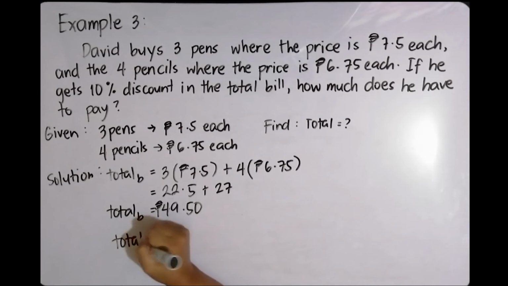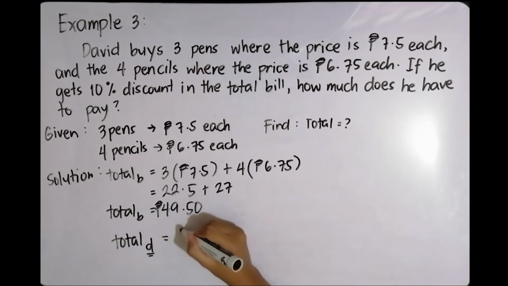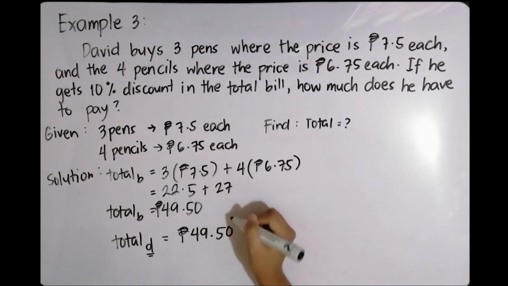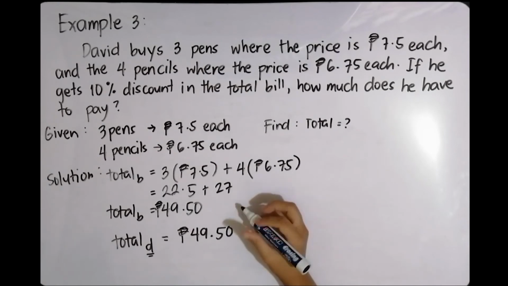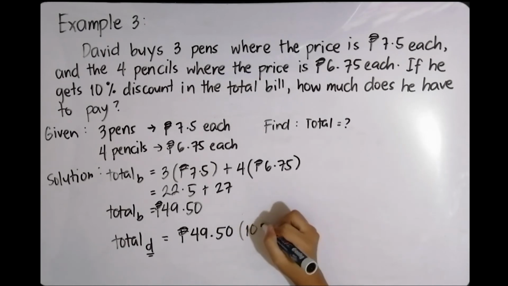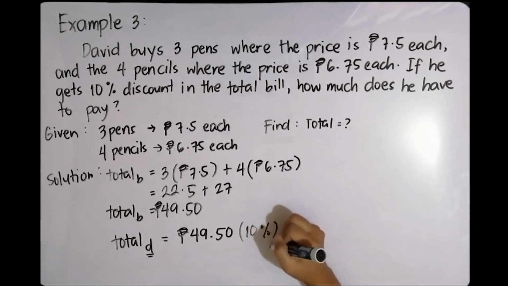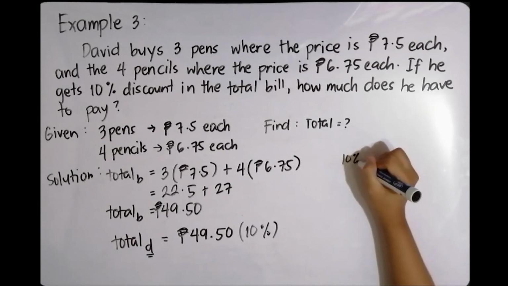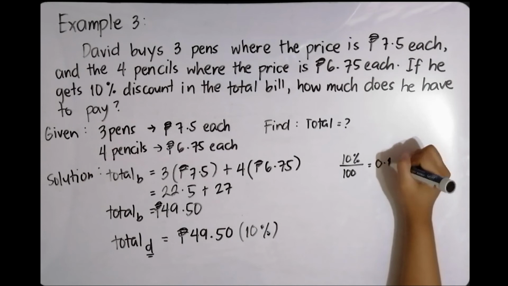The total bill, which is discounted, we call D. So 49 pesos and 50 centavos will be discounted by 10%, so we're going to multiply this by 10%. When we convert 10% to decimal, it is 10 divided by 100, which equals 0.1.